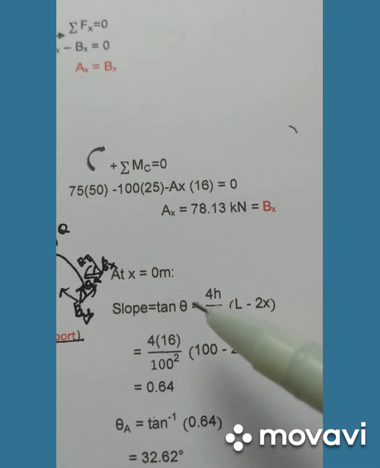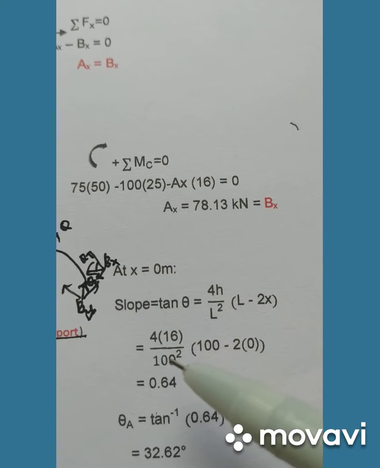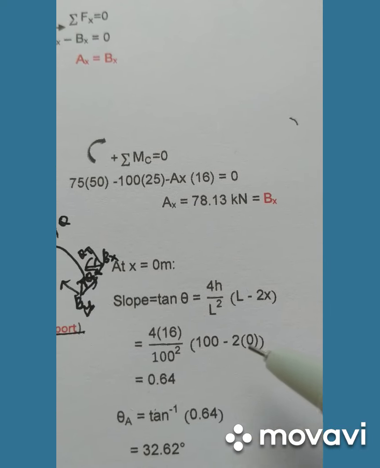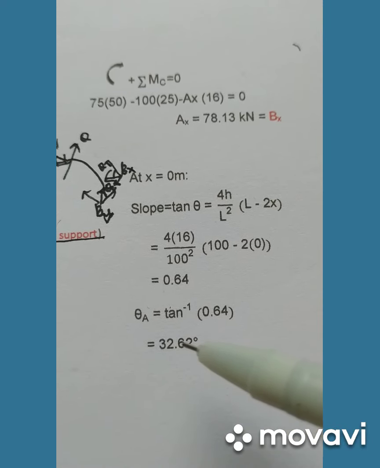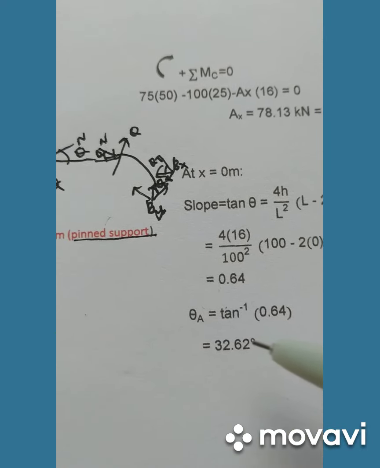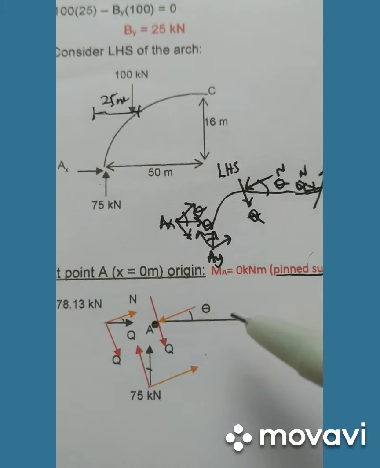So we put X equal to 0 meter into the equation of slope. H is equal to 16, L equal to 100 and X equal to 0. So we get theta equal to 32.62 degrees. Okay, how to resolve at point A?